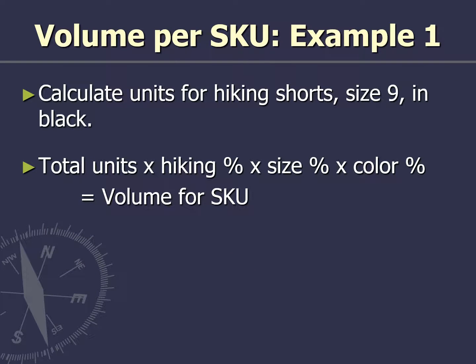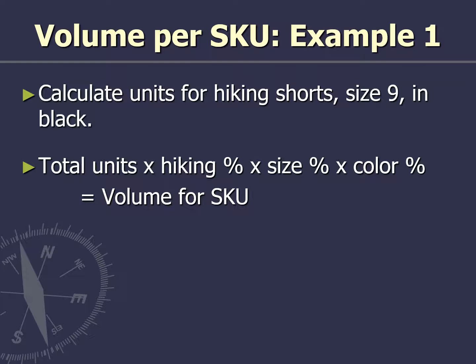All right, so let's work on an example problem to calculate volume per specific SKU based on what I just said. Let's continue with the example model stock plan and assortment plan that we looked at earlier for shorts.